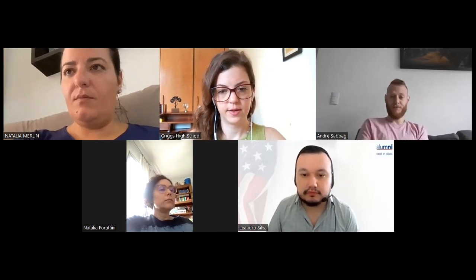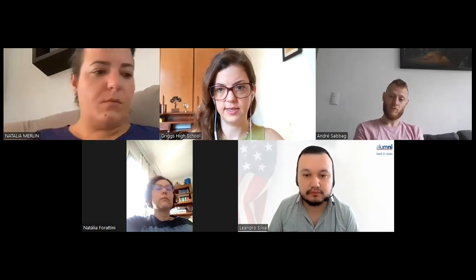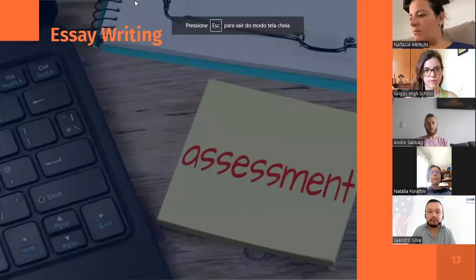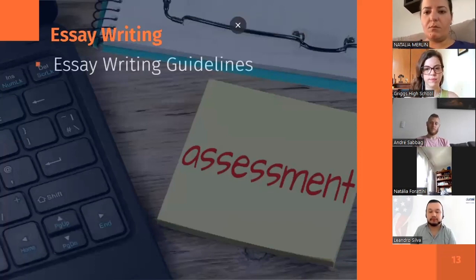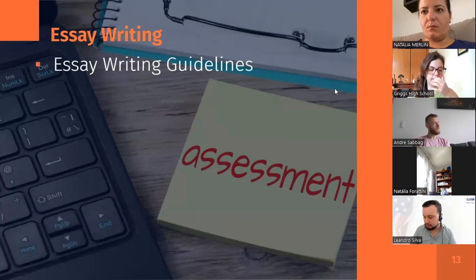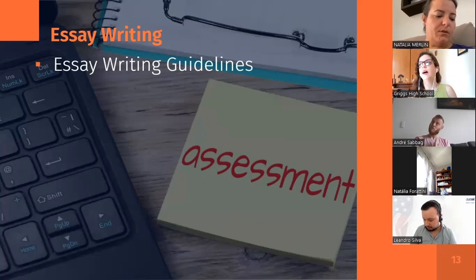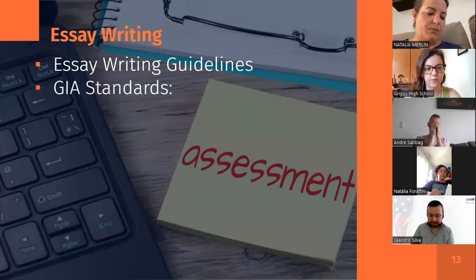All right. So let's continue here talking about the essay. We also have a document that's called Essay Writing Guidelines. Highly recommend you check it. Most questions you have about the essay will be there. So it's very helpful.